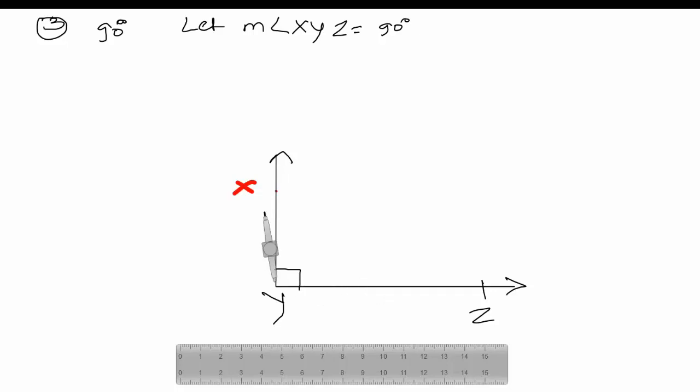Draw the circular arc intersecting the ray YX and ray YZ. We get 2 points. Give the name.